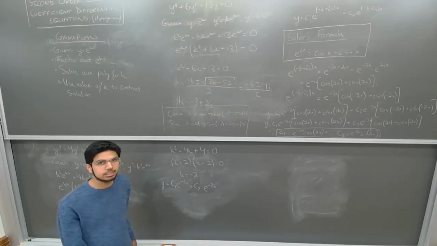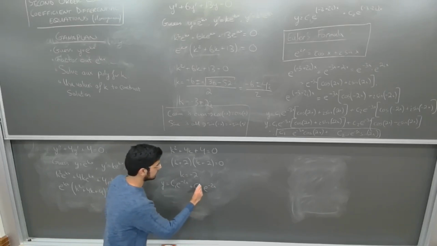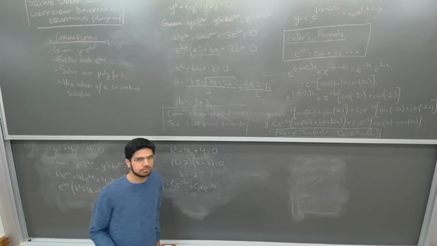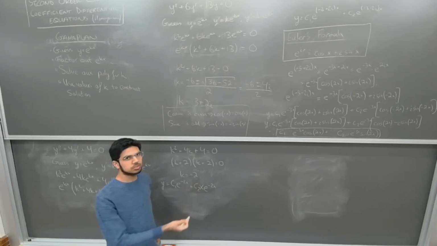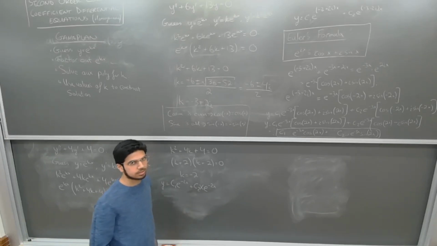It's nearly identical, the constant and the same exponent, but we multiply it with x. We're not going to delve into the reasoning behind this, but it's important to note when you have a root of multiplicity 2, you add in this extra factor with x there.